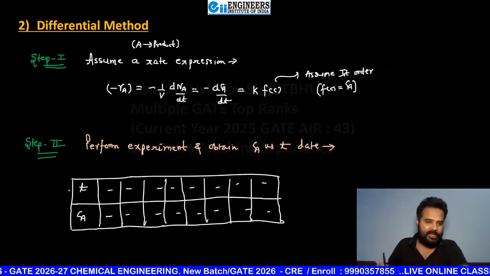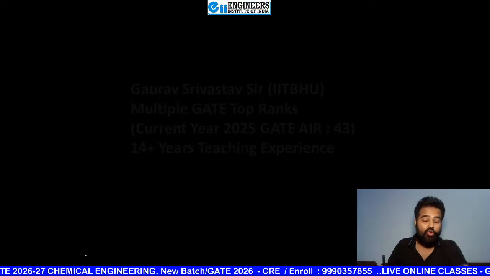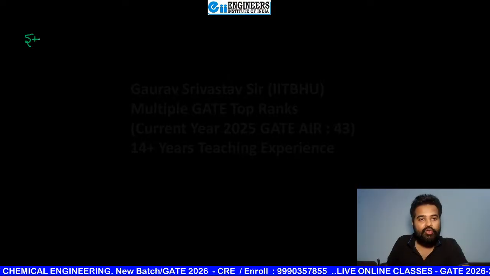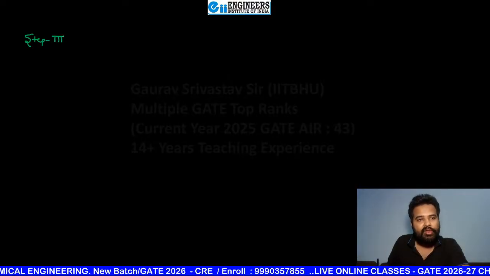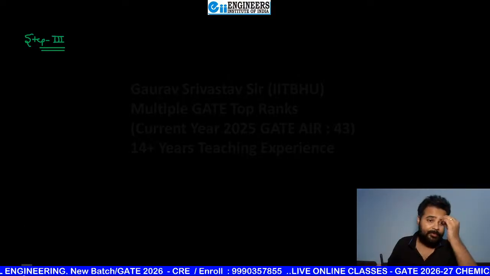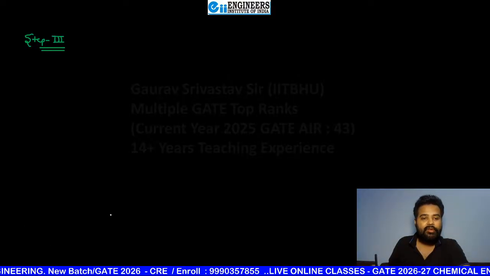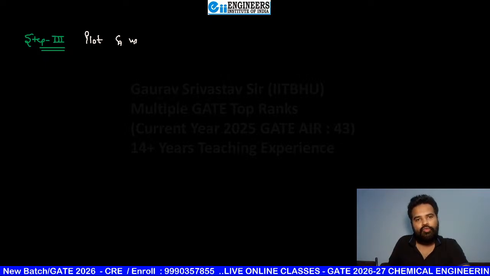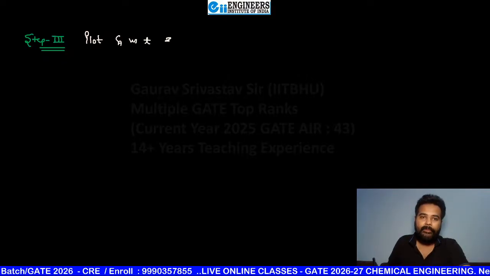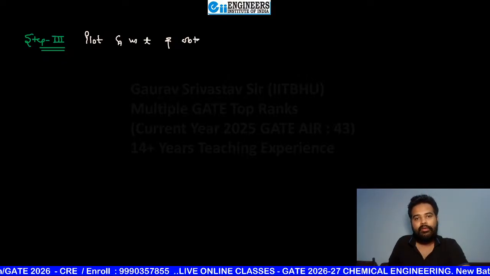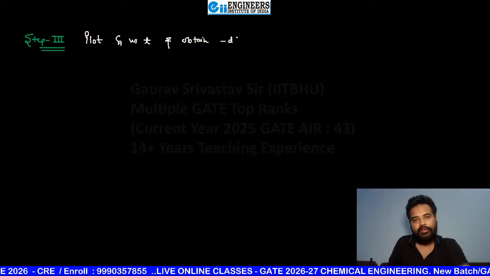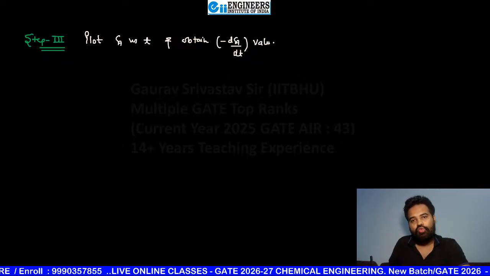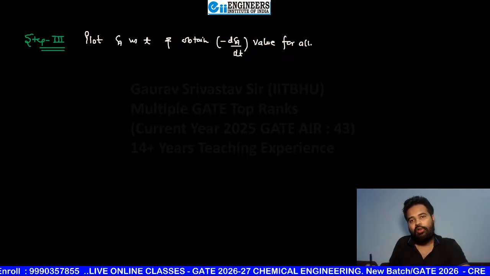Now plot CA versus T. Previously you had not plotted CA versus T. This time, in step number 3, you are going to plot CA versus T and obtain minus dCA by dt value for all CA.